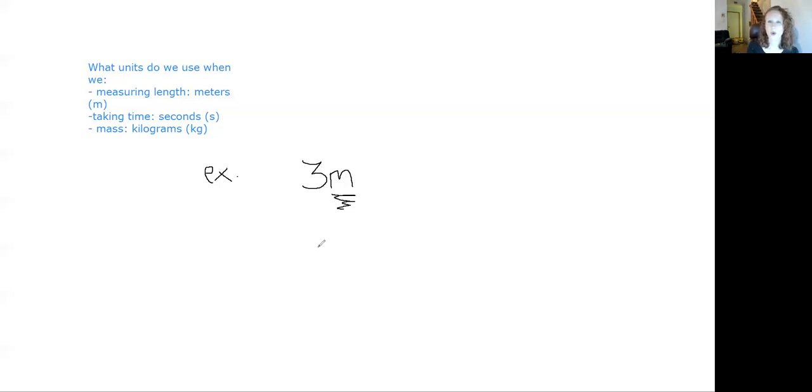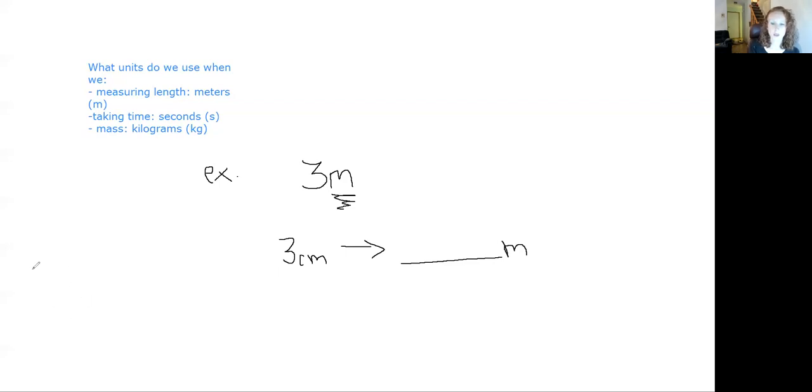So next, we want to talk about, well, what if we're given 3 centimeters? Well, that needs to be converted to what? A meter. So how are we going to do that?